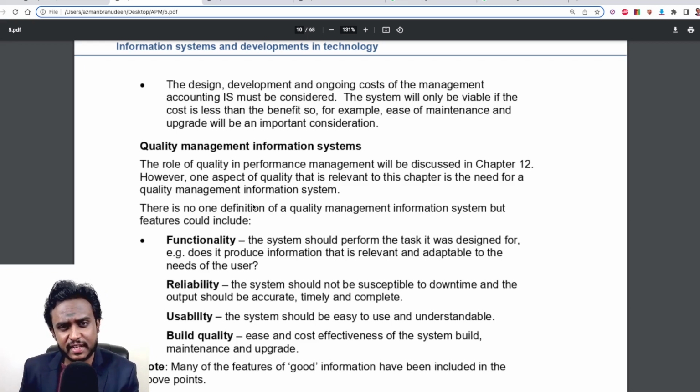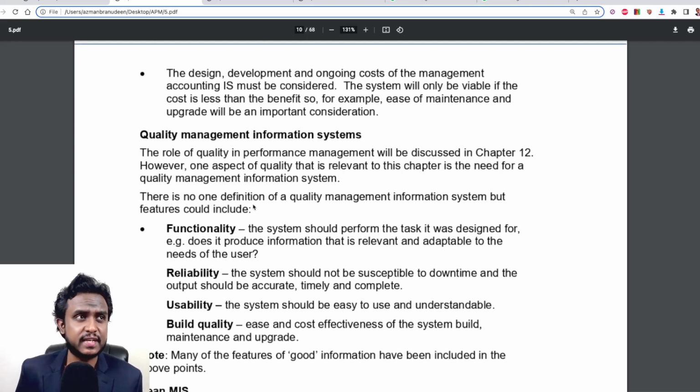Even Zoom has different plans because of this. It's an information system at the end of the day, and you have to be able to justify the cost against what you're currently using. And if you cannot, it's not worthwhile. So that is another aspect.